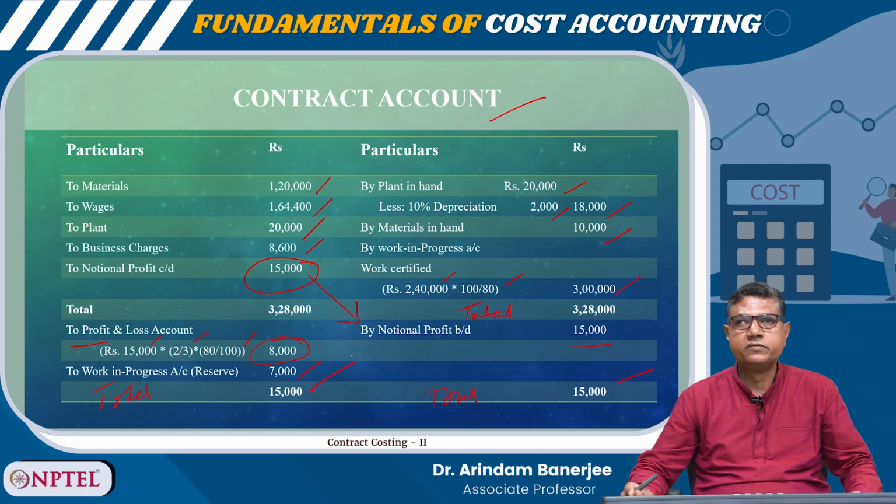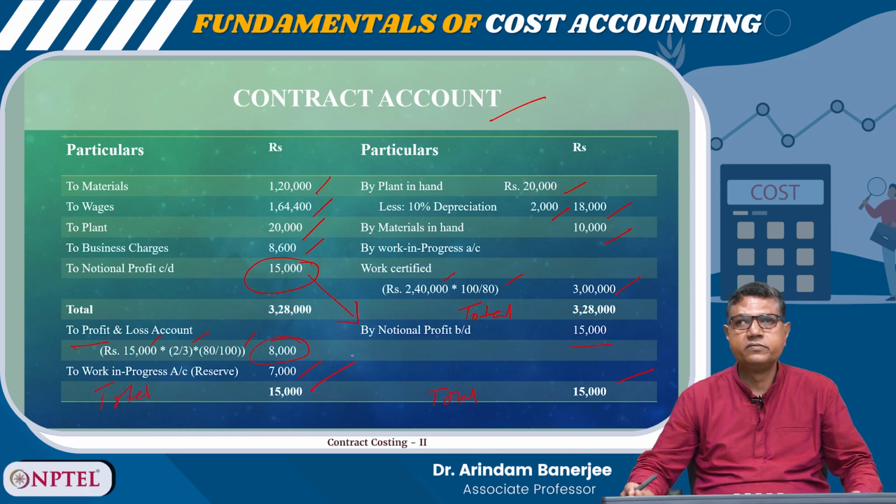Materials in hand 2,000. Plant in hand is 80,000 minus 7,000. So, you can see here the depreciation is 7,000 and plant is 80,000. So, 80,000 minus 7,000 is 73,000.